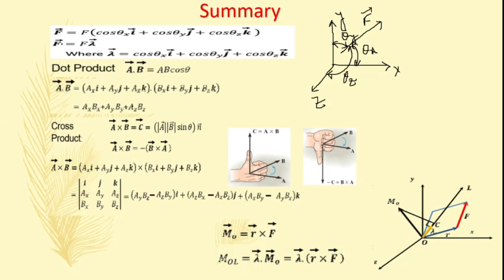Also we can write the force vector as the magnitude of the total force F times lambda, the unit vector along the direction in which the force acts.